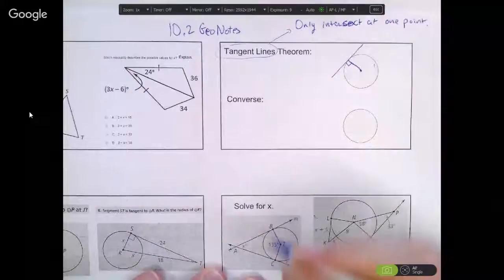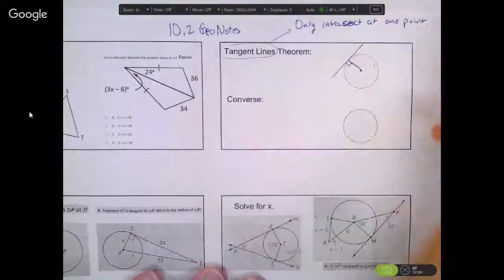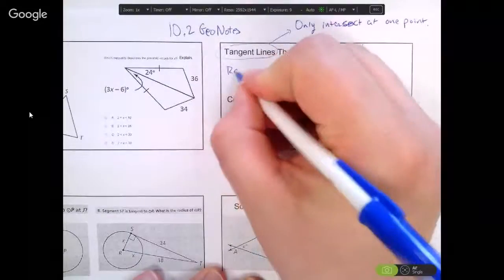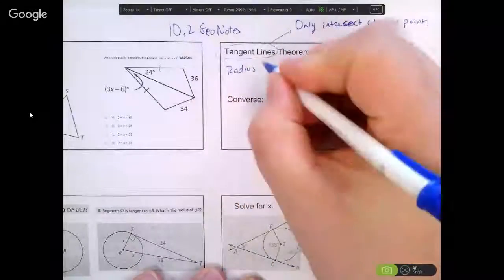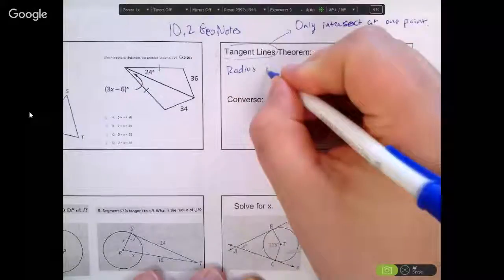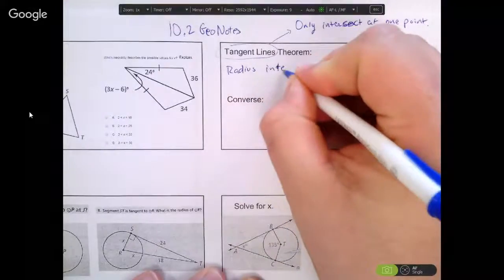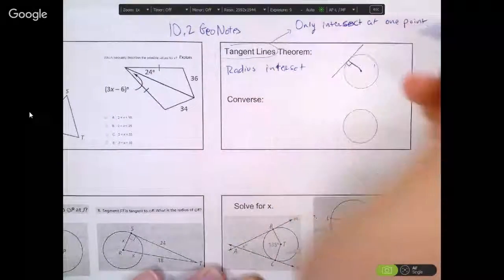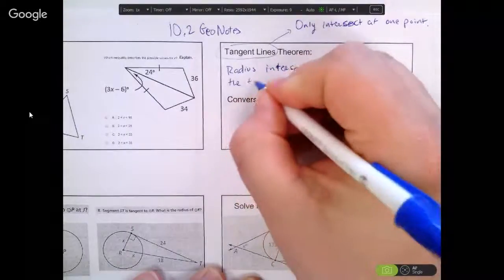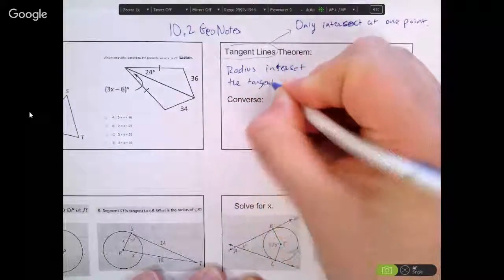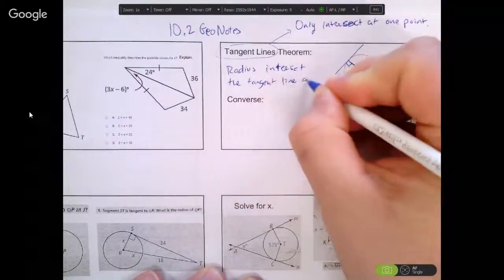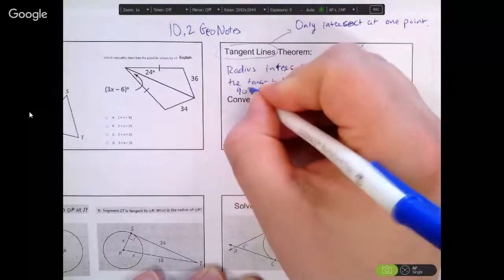So the theorem says that the radius intersects the tangent line at 90 degrees.